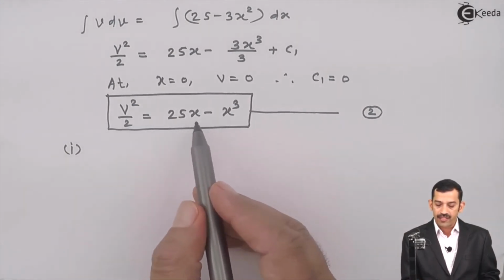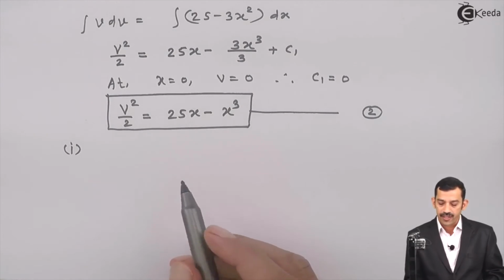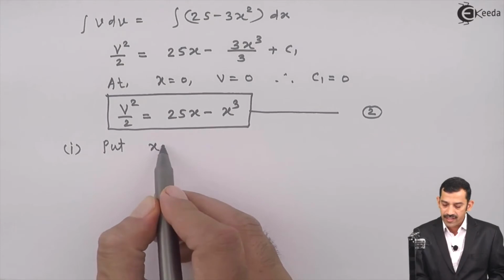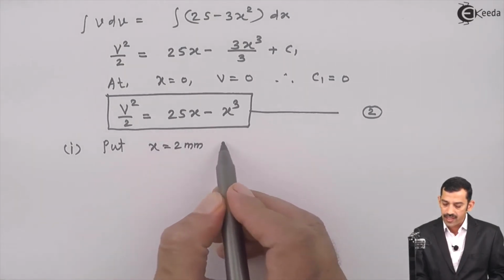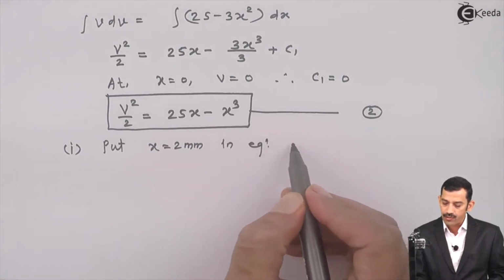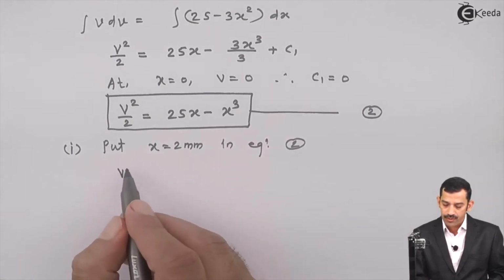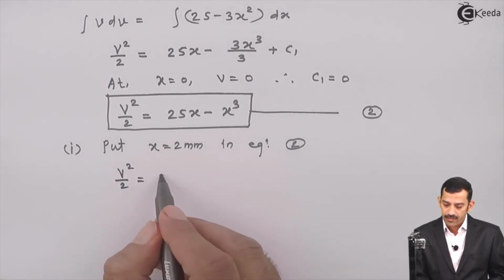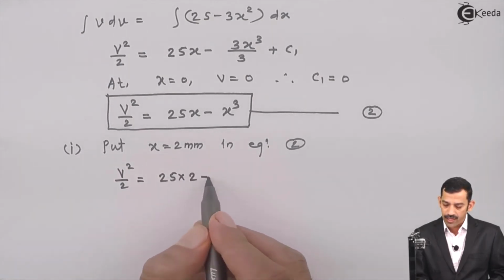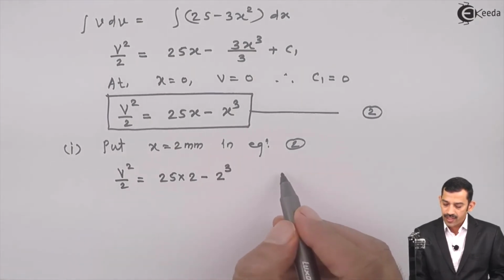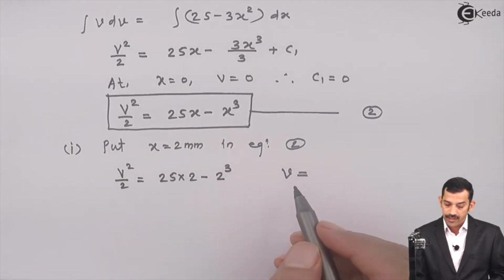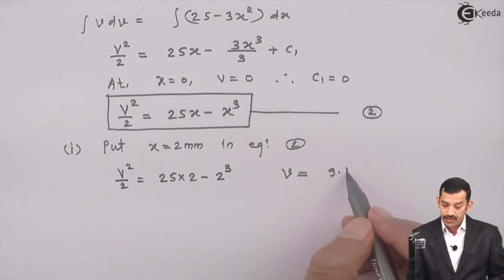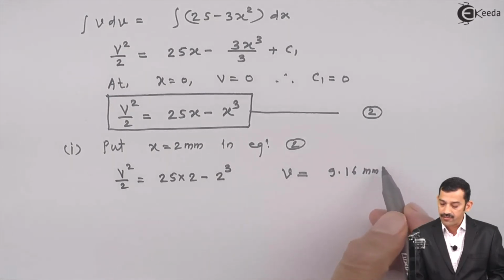We will substitute x = 2 mm in equation number 2: v²/2 = 25 × 2 - 2³. Using a calculator, this velocity v comes out to be 9.16 millimeters per second.